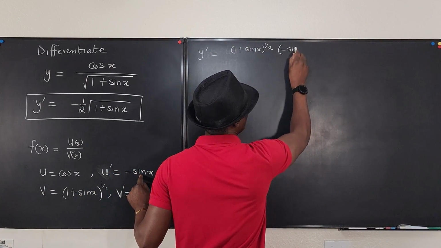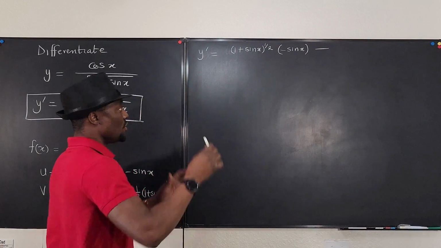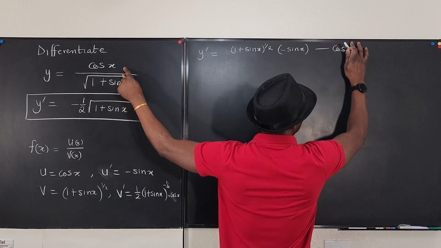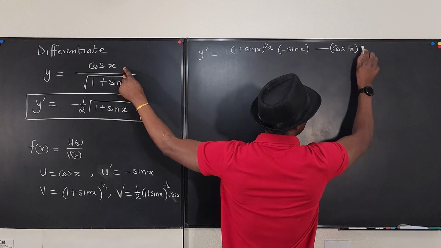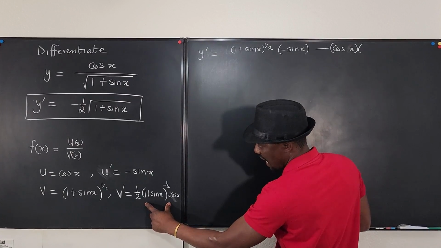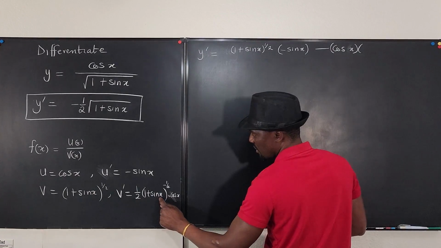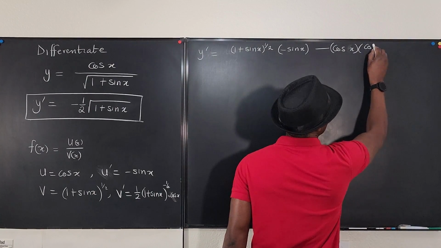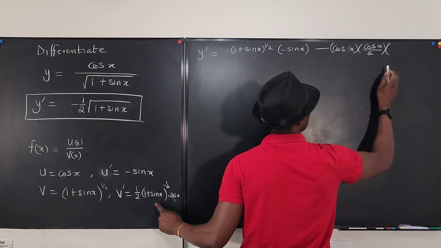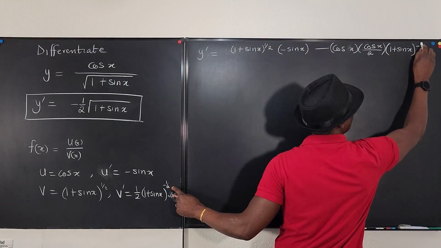I'm going to write minus sine x, minus the numerator multiplied by the derivative of the denominator, which I'm going to write as cosine x divided by 2 multiplied by 1 plus sine x raised to the power negative 1/2.